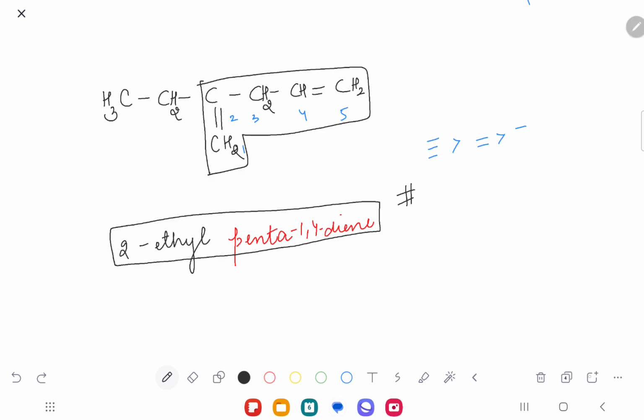All right. Now, for example, we have another structure. So that's all the rules. We have this particular structure now. Here, if we have this and the triple bond is here, you understand?